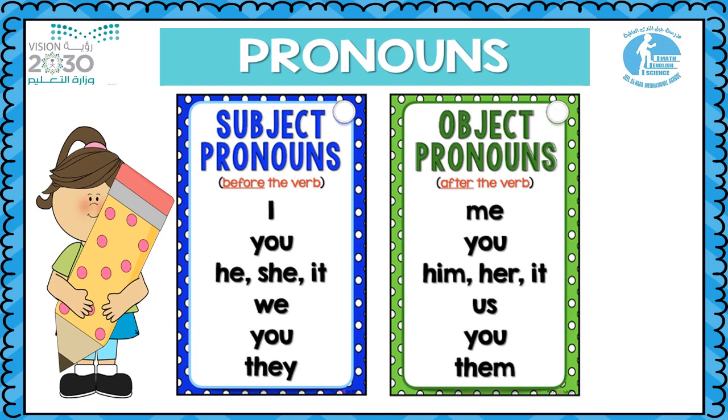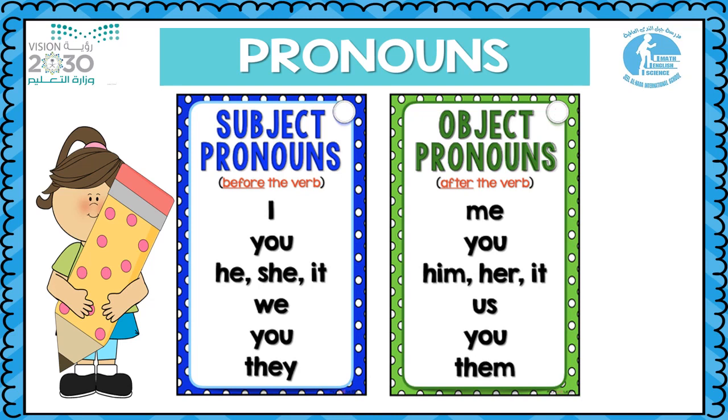For the subject pronoun he, we have the object pronoun him. I start the sentence with he. He is happy. But I say, I talk to him, not I talk to he. The object pronoun for the subject pronoun she is her.